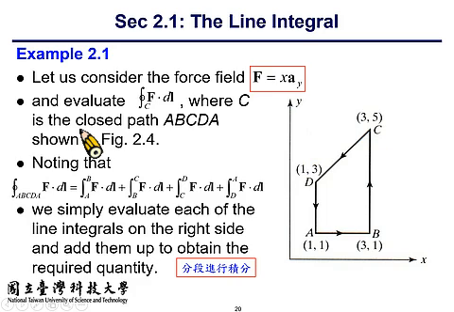The description is that it's proportional to its x coordinate. So it's a positive value if x is greater than 0, and a negative value if x is smaller than 0. And interestingly, the field is pointing in the y direction.